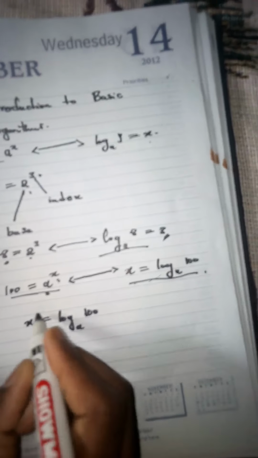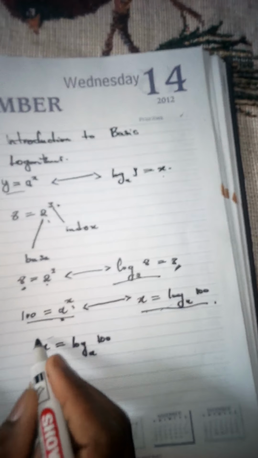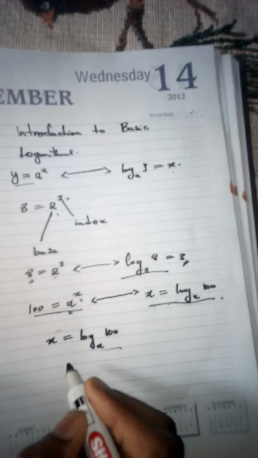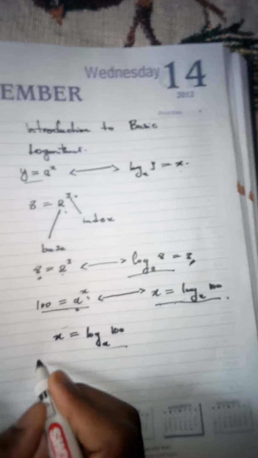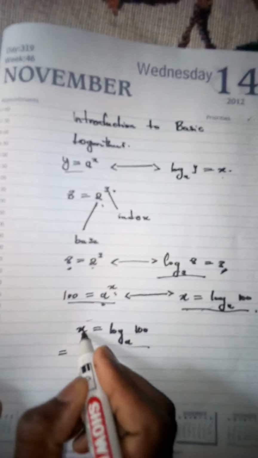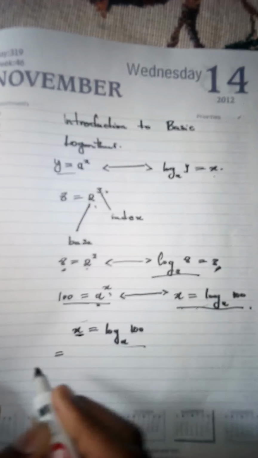We have this equation in logarithmic form, and we want to take it into exponential form. I know that this is my index, and this is my base.